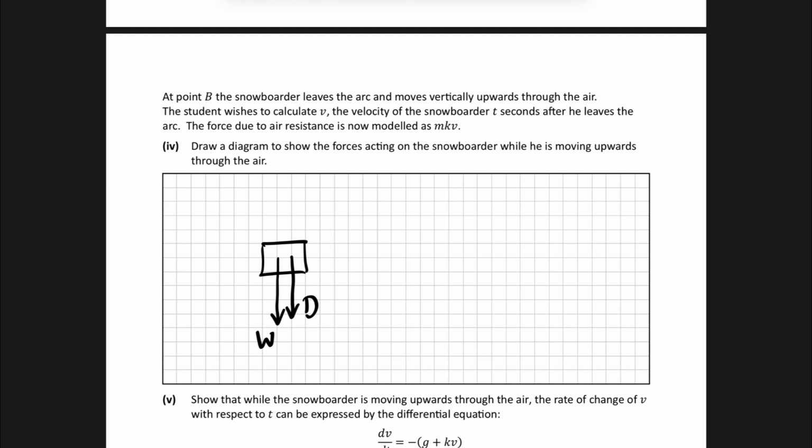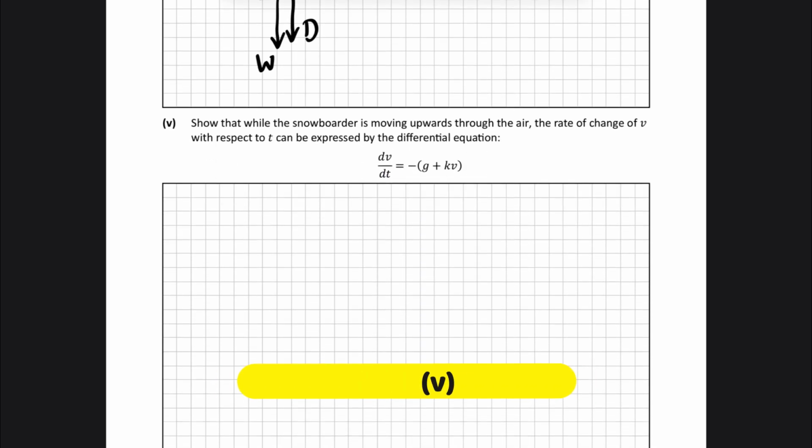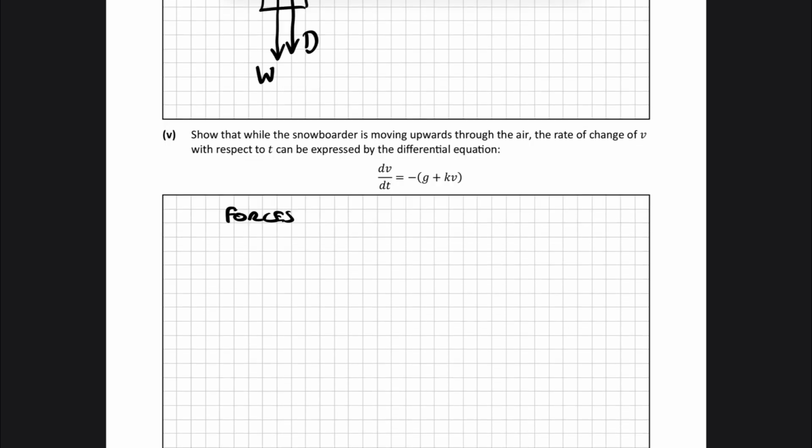Okay, that's it. Over here, show that while they're moving upwards through the air, the rate of change of v with t can be expressed by this differential equation. Okay, well, let's talk about forces again. In this case, let's consider the forces acting on the body. Its net force is going to equal ma. The net force here is minus W minus D, because they're acting downwards, opposite to the direction of upwards where his motion is.